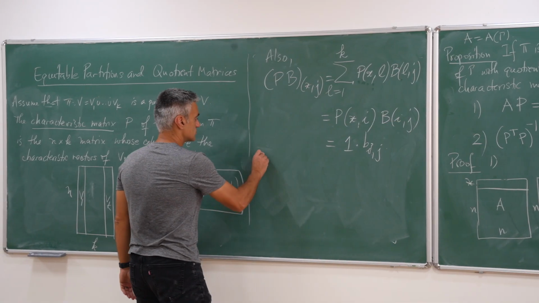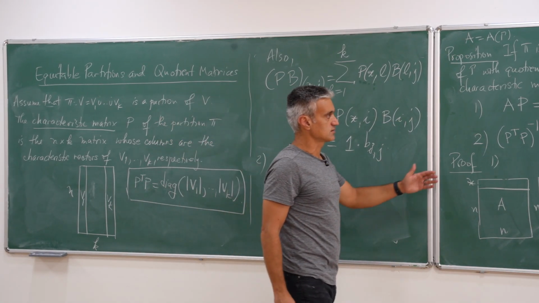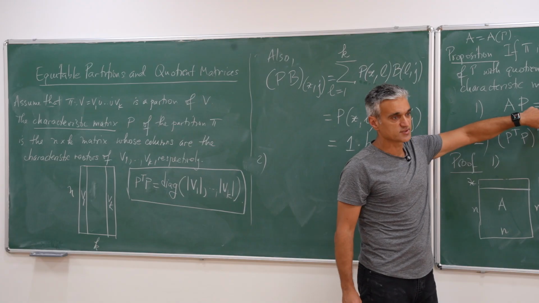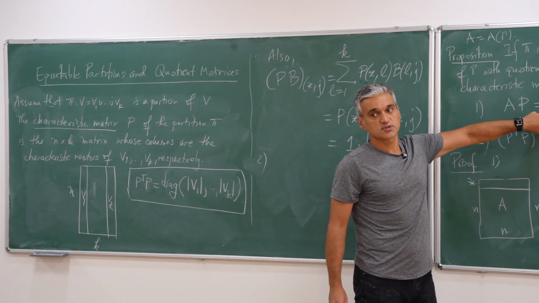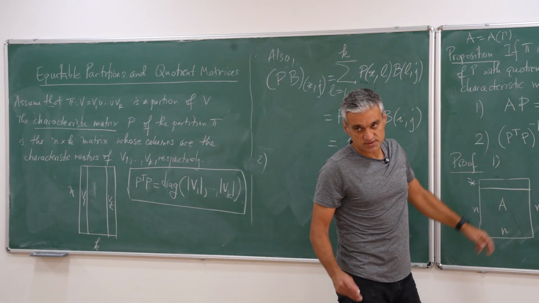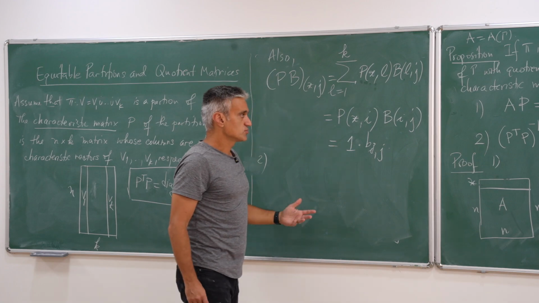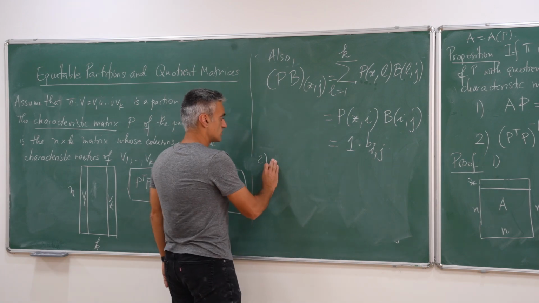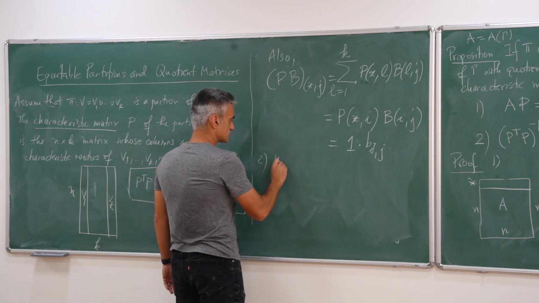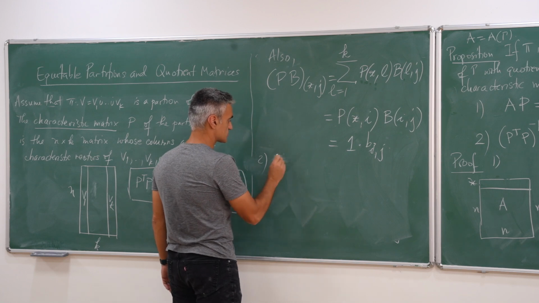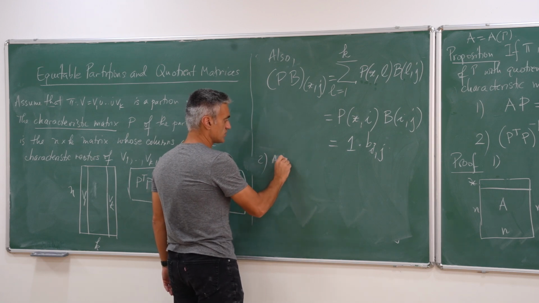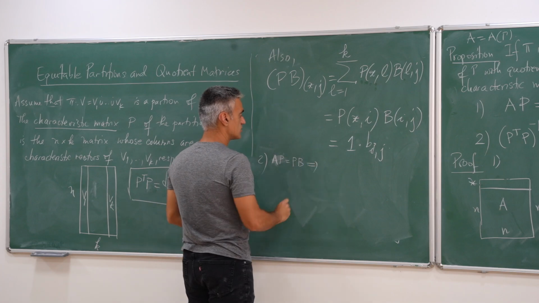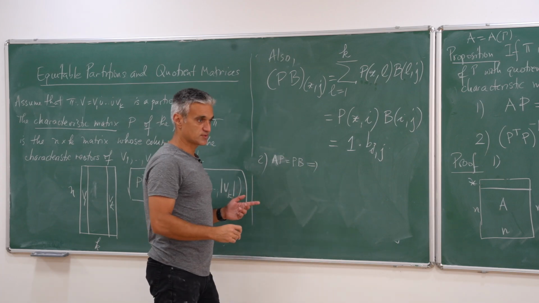For 2, you try from here, you want to get rid of this. You cannot multiply by P, because P doesn't have an inverse in general. So you make that P into a square matrix. I'll just write it informally like this. AP equals PB. You multiply to the left by P transpose.